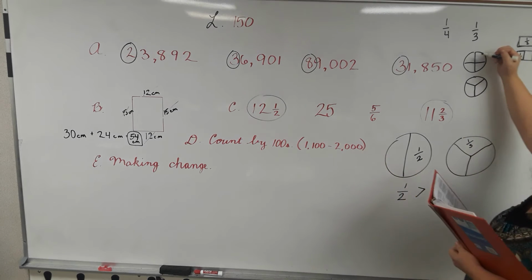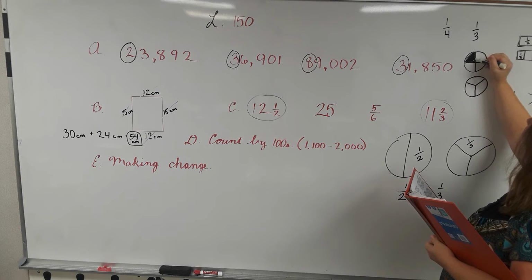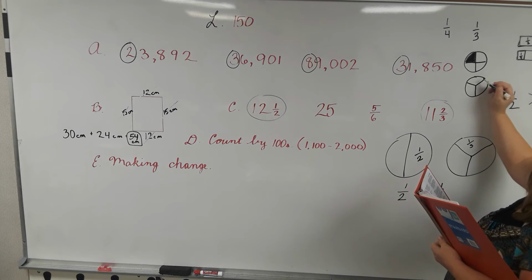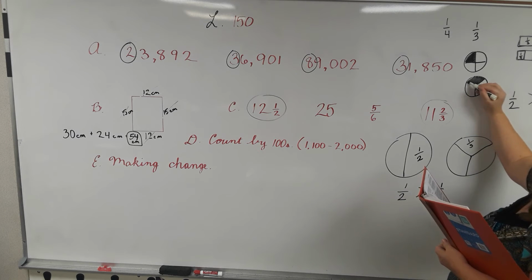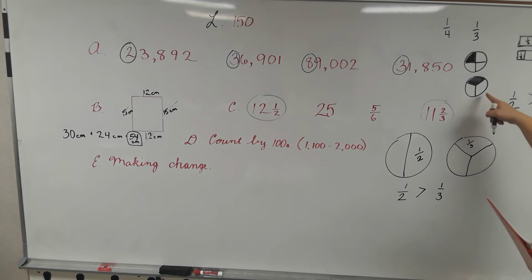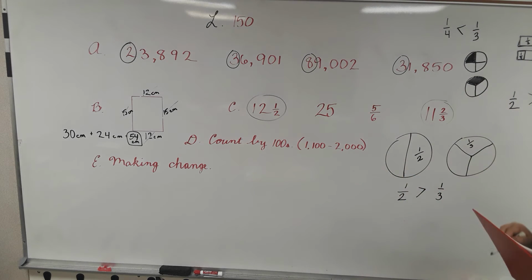Which is greater, a 1/4, see how big that section is, or a 1/3? See how big that section is. 1/3 is greater than 1/4.